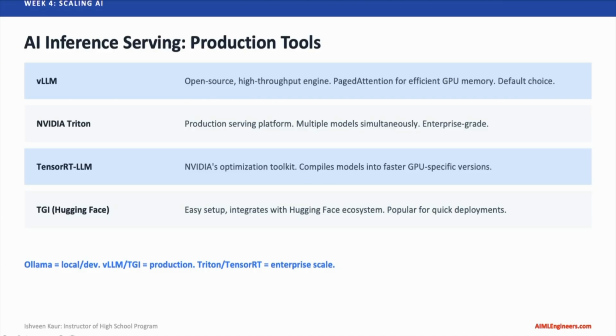It's an optimization toolkit. What does this mean? It just takes your model and compiles it into a GPU-specific optimized version. Based on the hardware that you're running, it's just able to make optimizations so you can get faster inference at a low latency. And it's usually used in combination with NVIDIA Triton because it's compatible. But this one isn't a server. Just so you know, it works to just make NVIDIA Triton run faster.